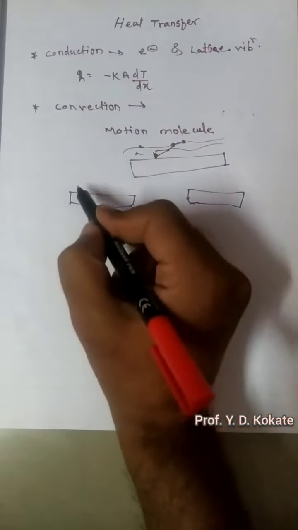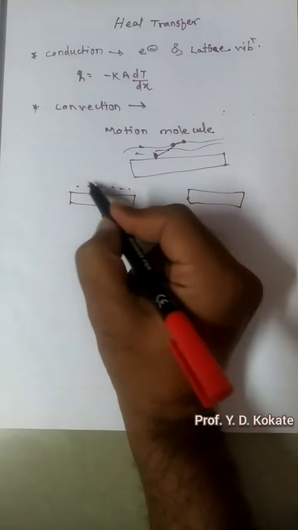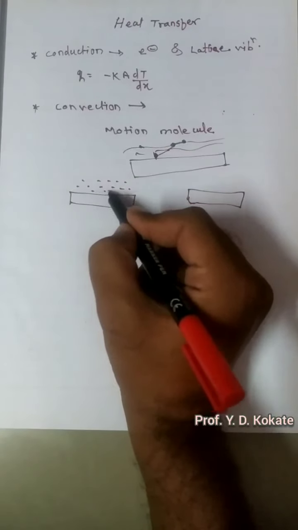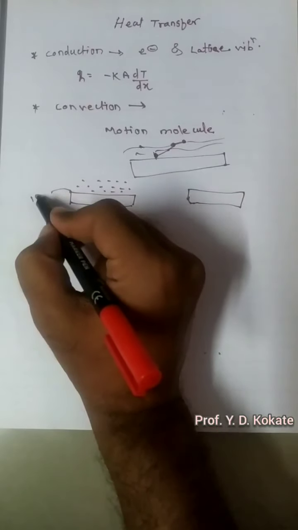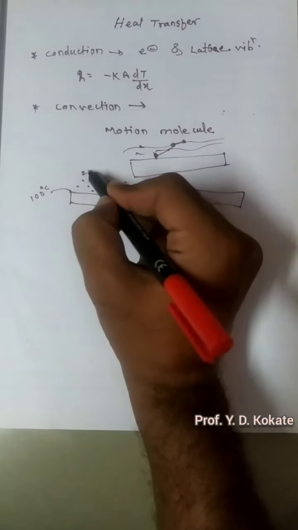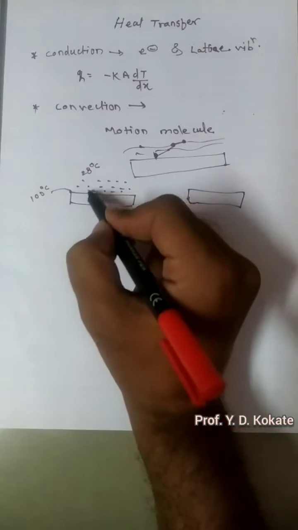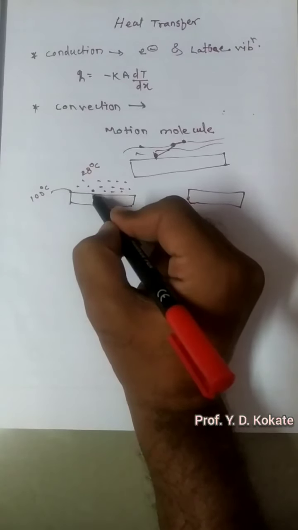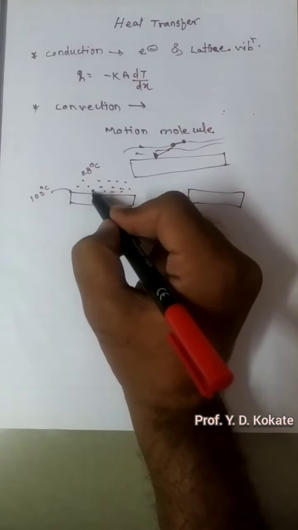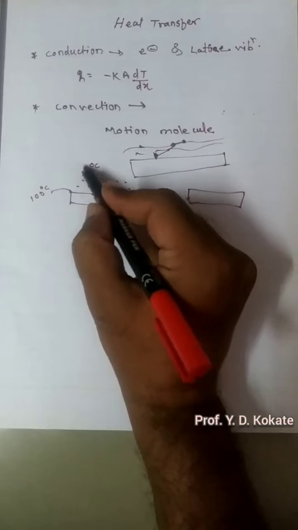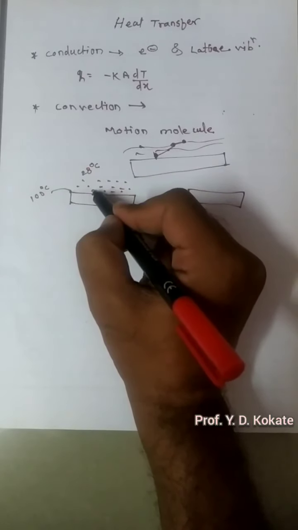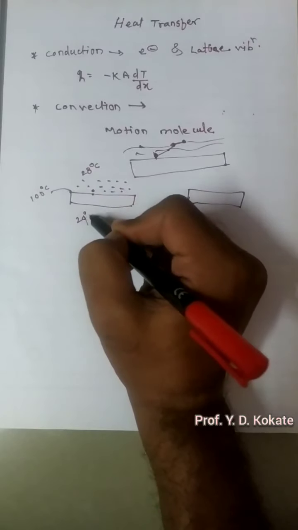For example, this is still air. Still means all the molecules are stagnant. Now this surface is at 100 degrees Celsius and this air is at 28 degrees Celsius. This stagnant molecule will interact with the surface and take the heat. Now the 28 degrees Celsius temperature of this air molecule will become 29 degrees Celsius.